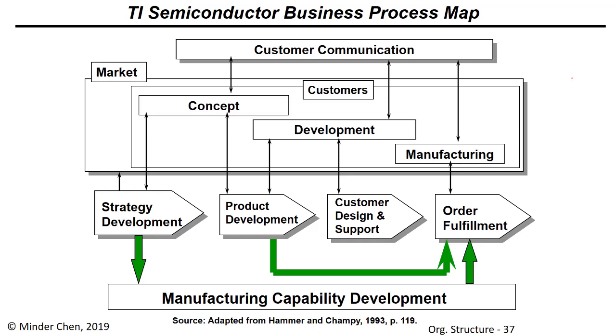As you have seen in the enterprise architecture, sometimes we would focus on the business process instead of the organizational structure. Because if you look at a standard organizational chart, they're basically inward looking. We're looking at internally how we organize.